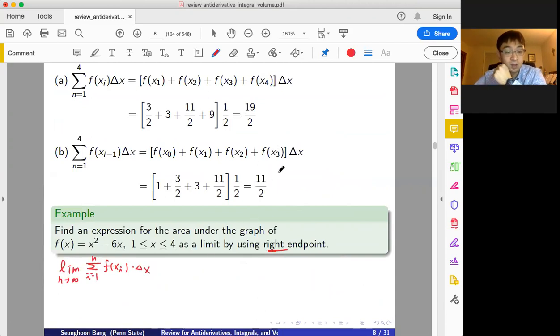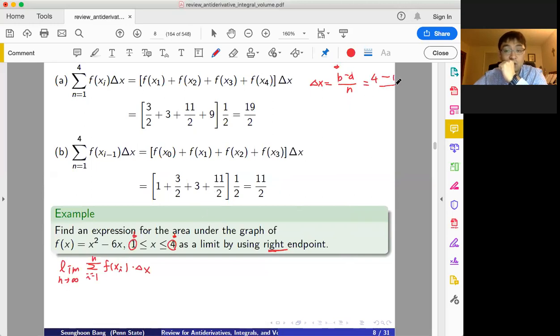So how can you find delta x? We can use the formula delta x equals b minus a over n. So what is b? Yes, it's good, the right-hand point 4. What is a? Yes, the left-hand point 1.